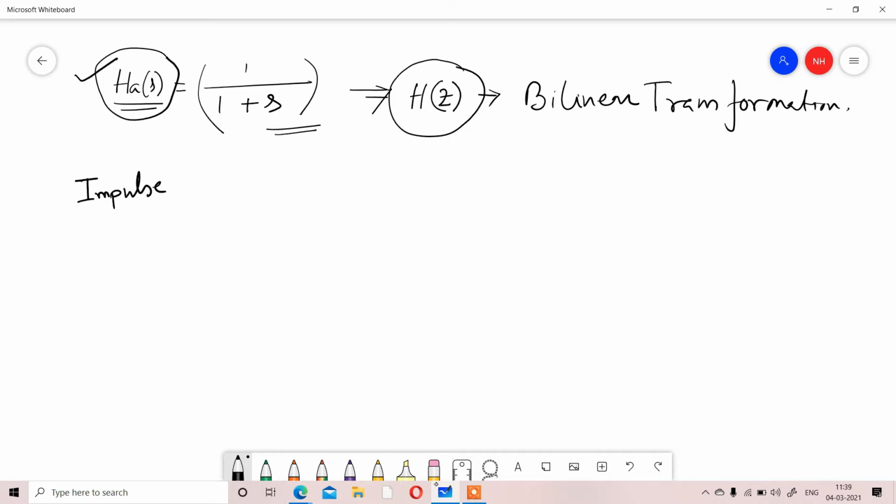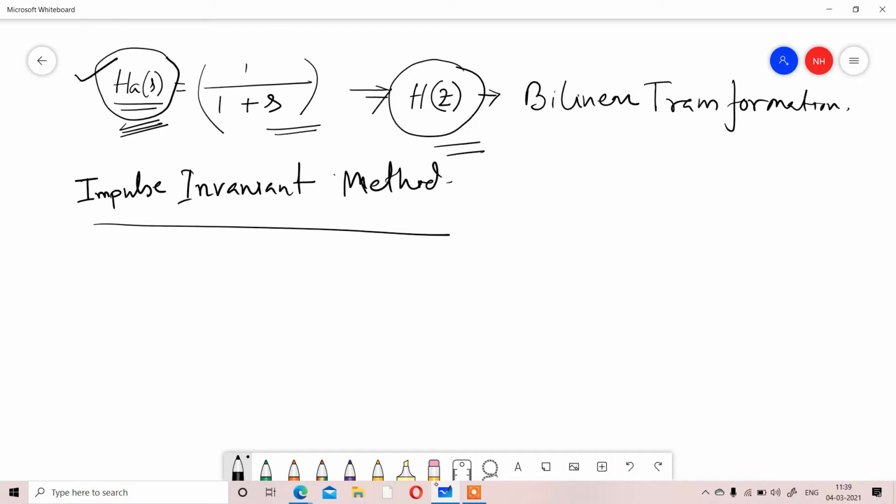So today we'll check the same thing, that is converting the analog transfer function into digital by using the impulse invariant method.